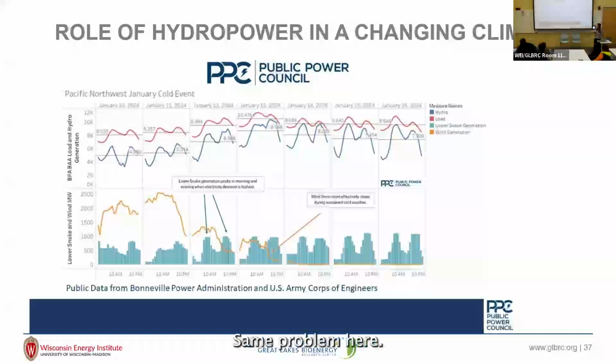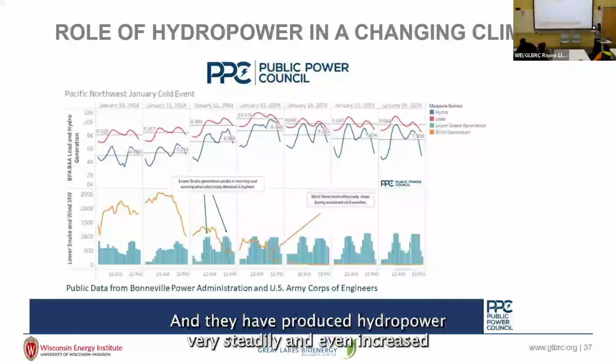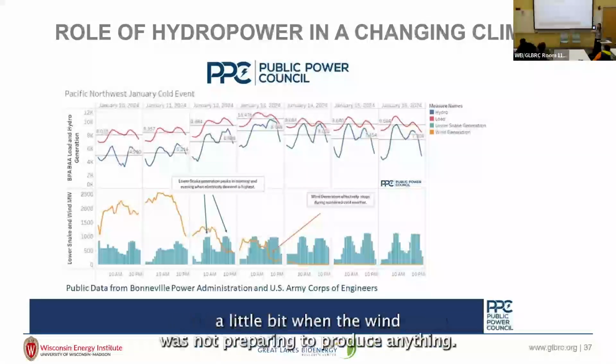Same problem. But here, the bluish, greenish columns are the hydro production by 4 lower Snake River dams. That's at the corner of Idaho, Oregon, and Washington State. And they have produced hydropower very steadily and even increased a little bit when the wind was not producing anything.